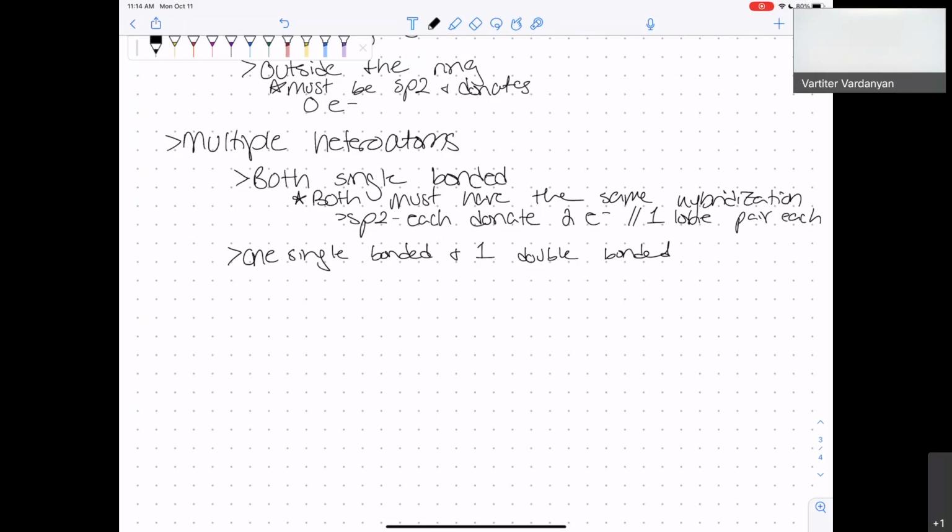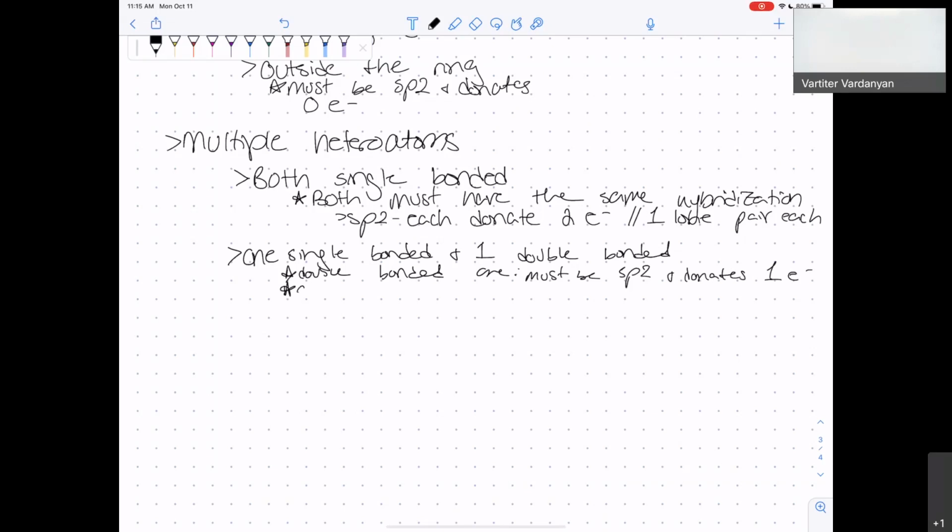And then if one is single bonded, one is double bonded, then this whole rule that they have to be the same doesn't apply because the double bonded one must be sp2 and donates 1 single electron.